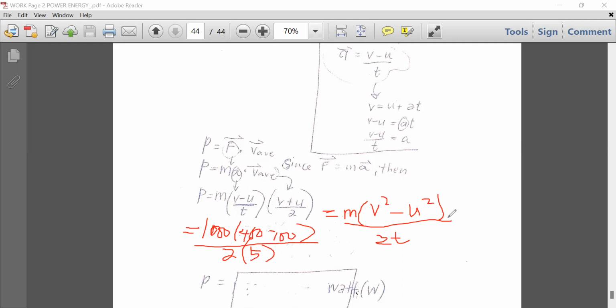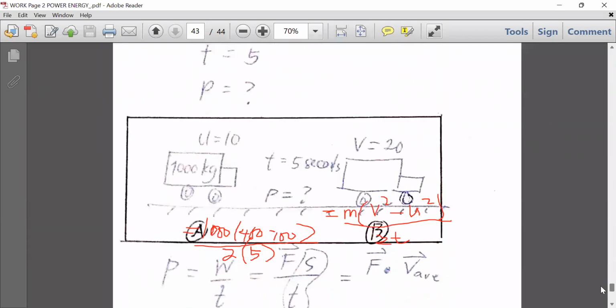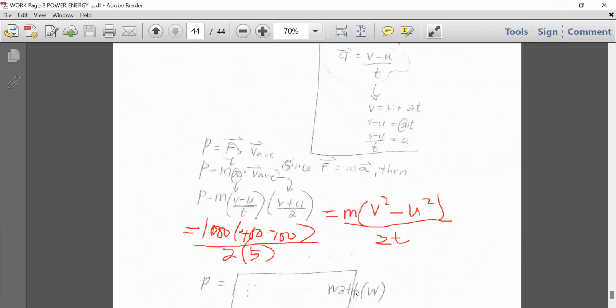All right. So how much power was expended after 5 seconds? Time is 5 seconds. So the final answer is 1000 times 300 over 10. 1000 times 300 is 300,000.